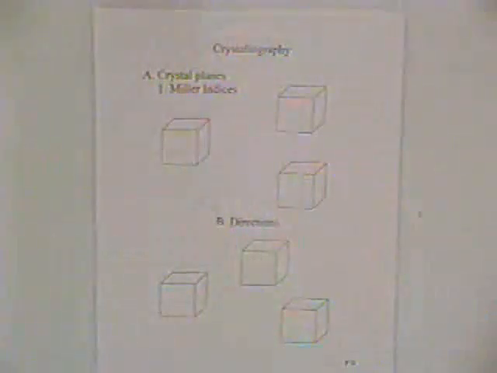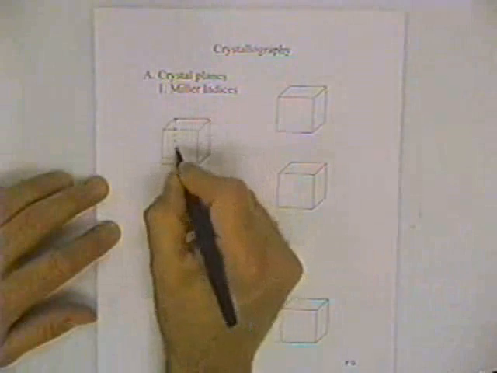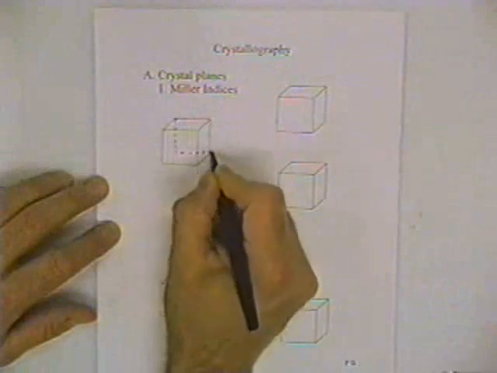And this is done in terms of Miller indices, and we'll work a couple of examples here. And I would recommend that you might practice on some of these on your own. Now, with the little units that I have here, we'll put the origin at the back.